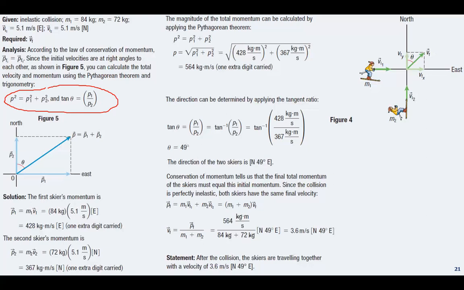And the direction is 49 degrees east of north, which is 3.6 meters per second with direction 49 degrees east of north. Then the final statement is, after the collision, the skiers are traveling together with a velocity of 3.6 meters per second, 49 degrees east of north.